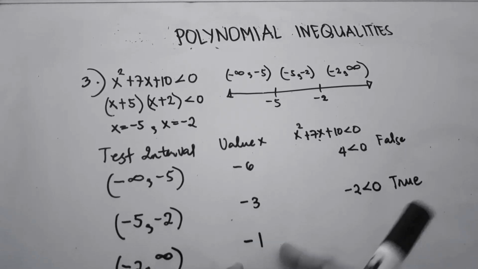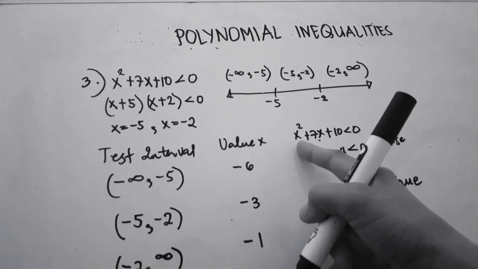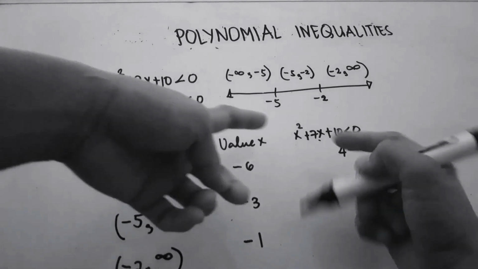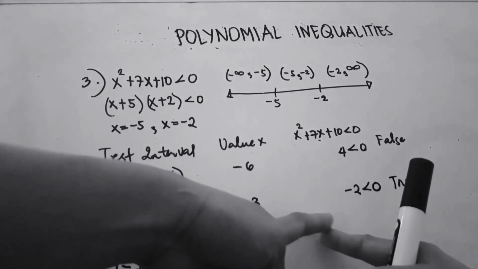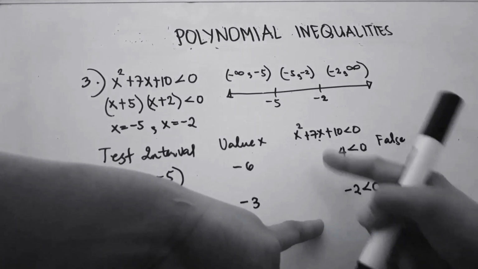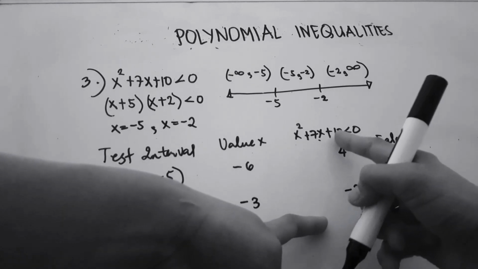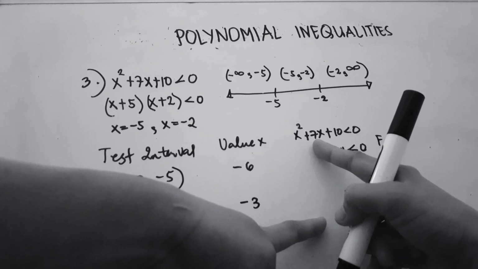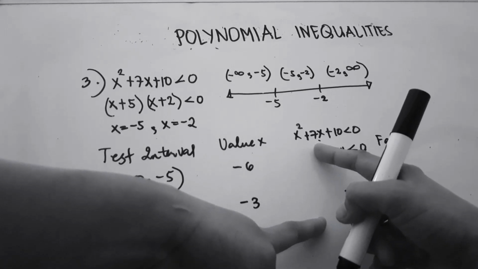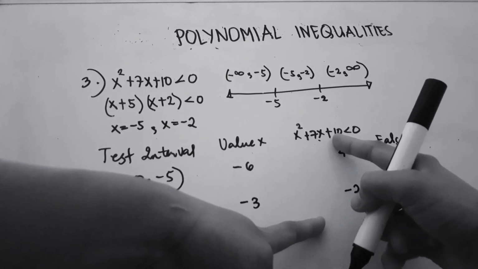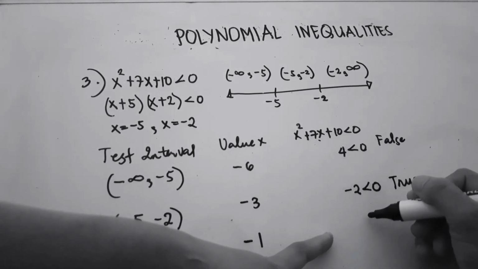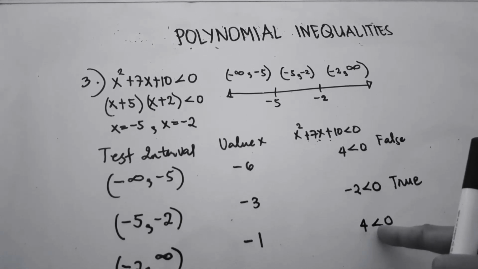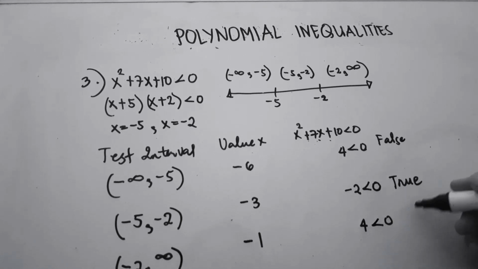If we substitute the value of x, which is negative 1, negative 1 squared is positive 1, 7 times negative 1 is negative 7, plus 10 plus 1 is equal to 11, and negative 7 and positive 11 is positive 4. Since positive 4 is not less than 0 because 4 is greater than 0, this is a false statement.